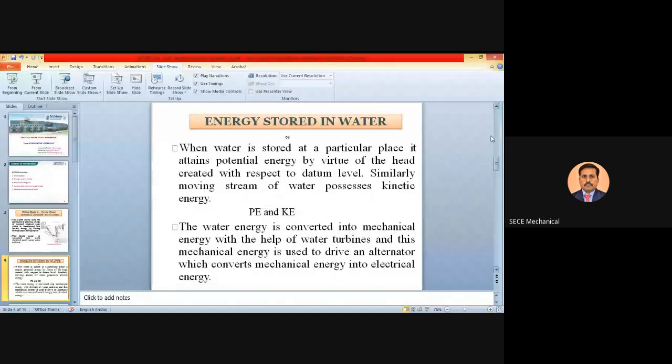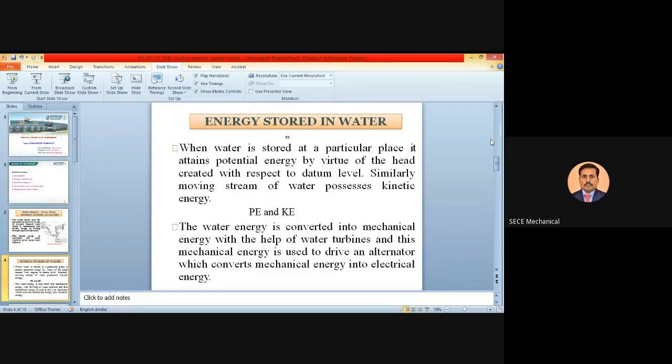So how the energy is stored in the water: when the water is stored at a particular place, it attains potential energy, as I told, by which a head is created. So due to storage of water in a reservoir, the head and the water pressure energy are increased with respect to the datum level.